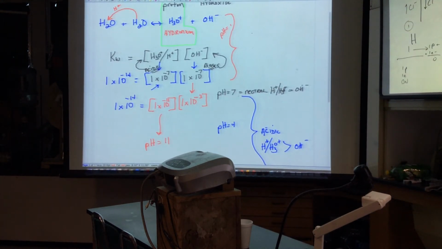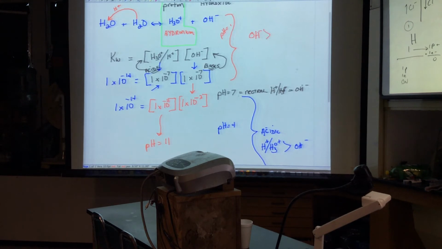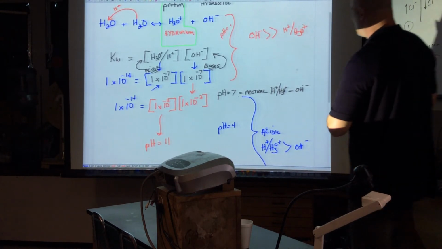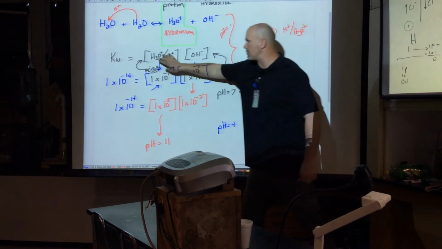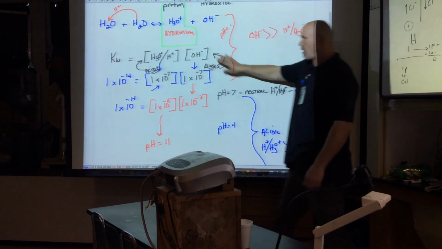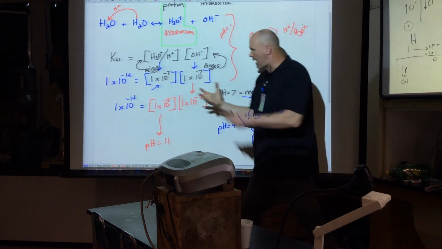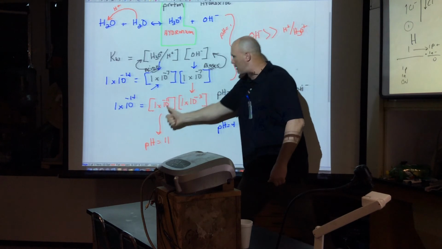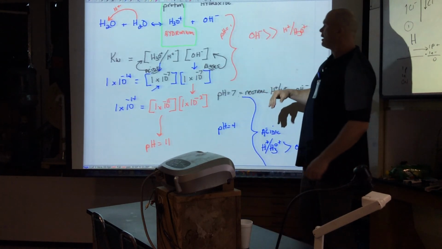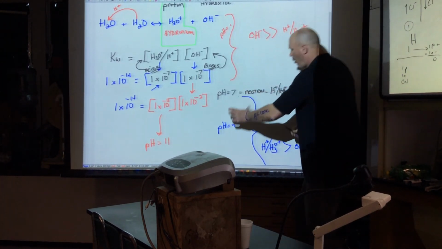So you'd say hydroxides are greater than the H pluses or the H3O pluses. So what did we learn here today? A pH of 7 is neutral because you have to have equal amounts of these. If you increase one by adding an acid, that one gets bigger and the other one gets smaller, and we always evaluate.